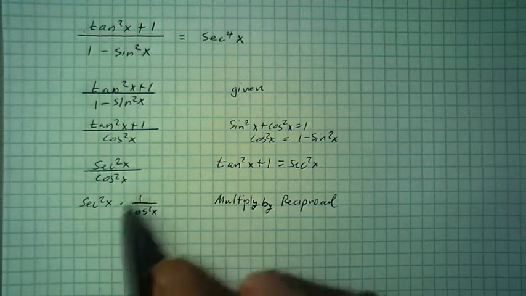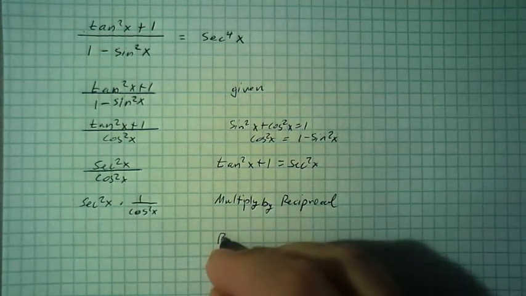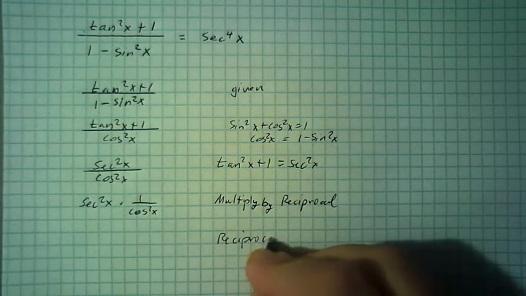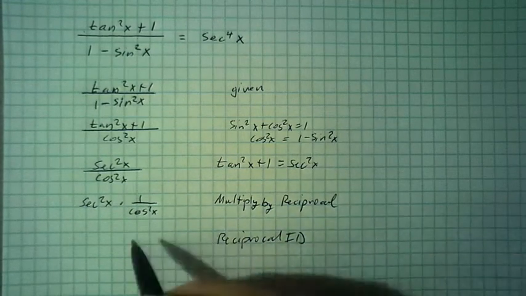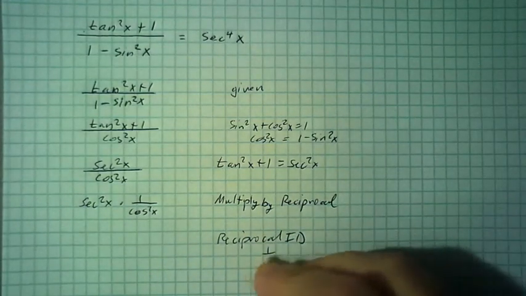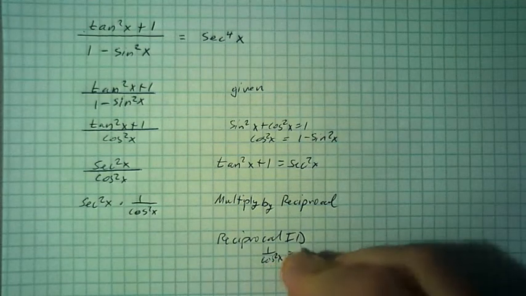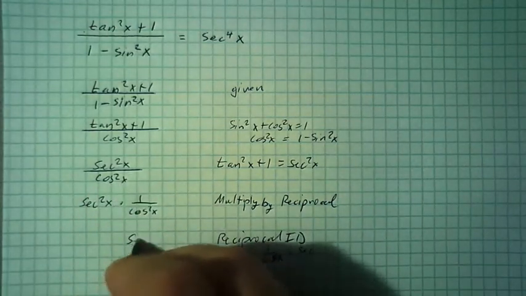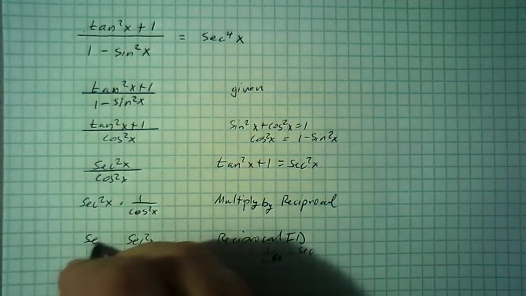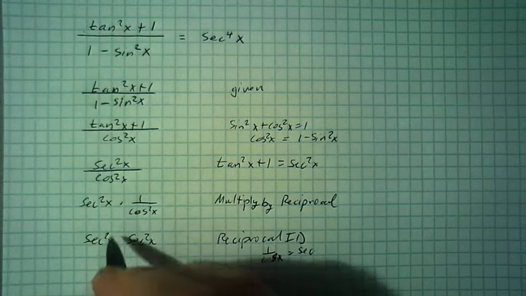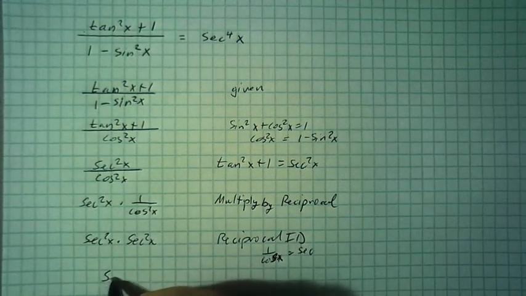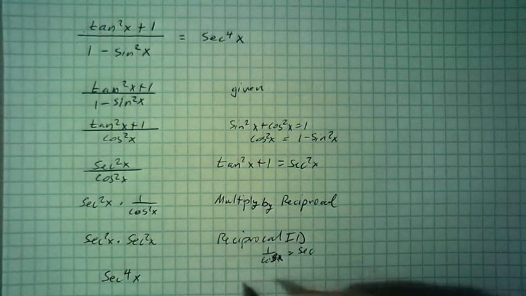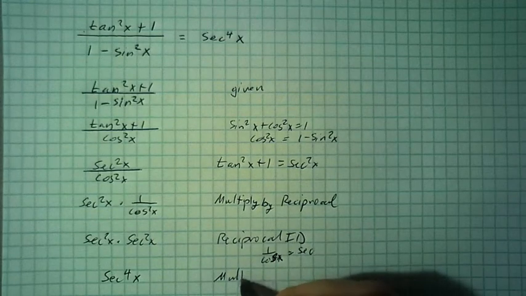And now I happen to know the reciprocal identity for 1 over cosine squared. I guess 1 over cosine is secant is what I know. So 1 over cosine squared is secant squared. And now I have secant squared times secant squared, which we all know is secant to the 4th power, because that's just multiplication.